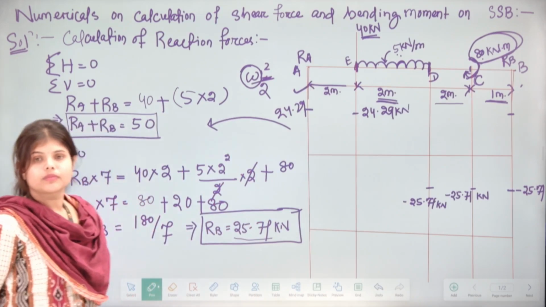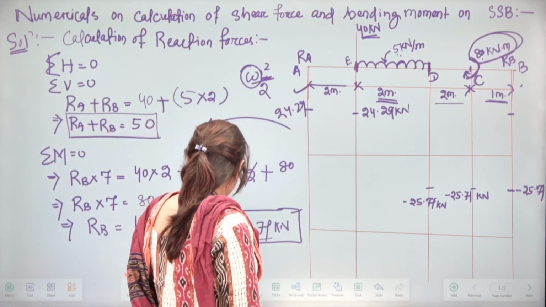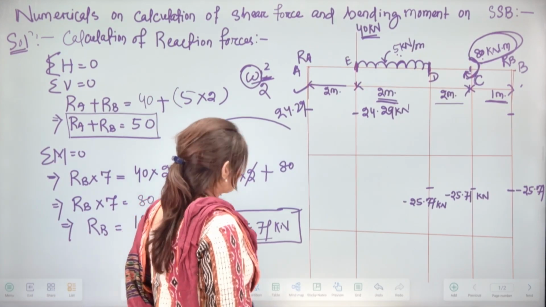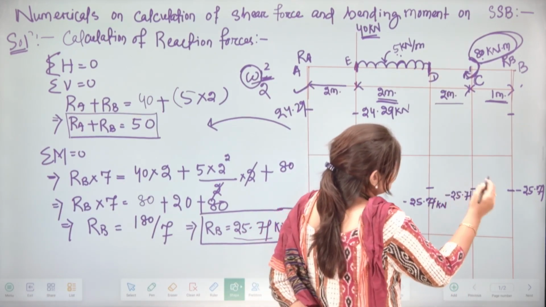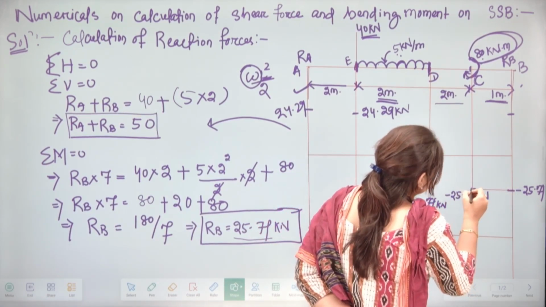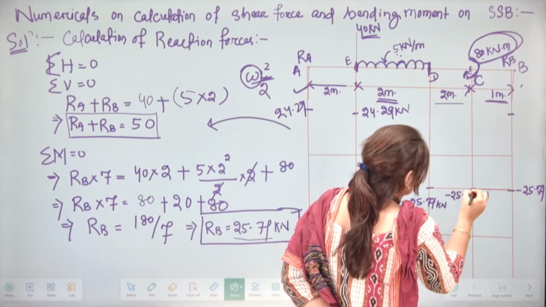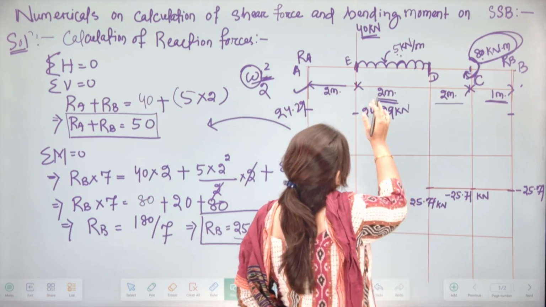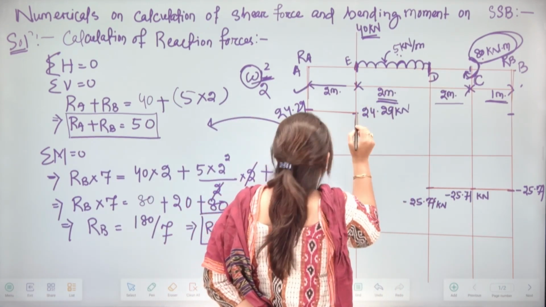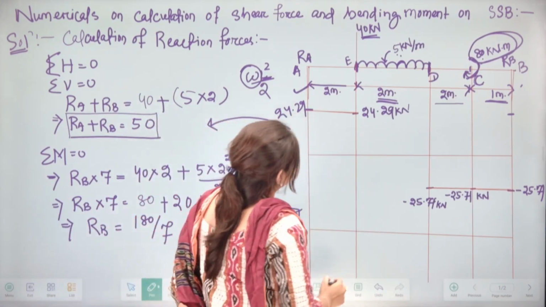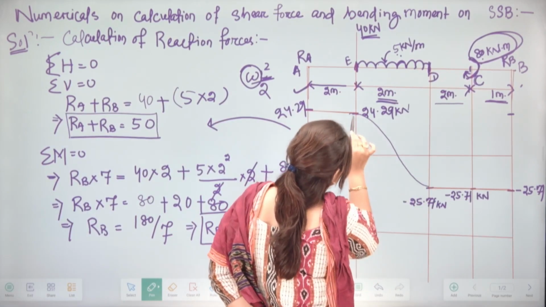Next, let's draw the diagram. As we only have the moment, we will draw a linear diagram. While we have UDL, we will draw a parabola here. So we will join this like this.